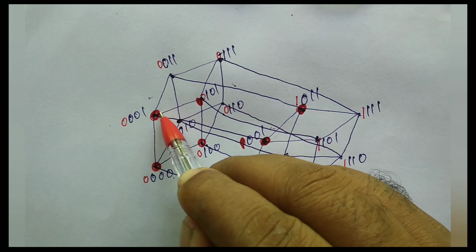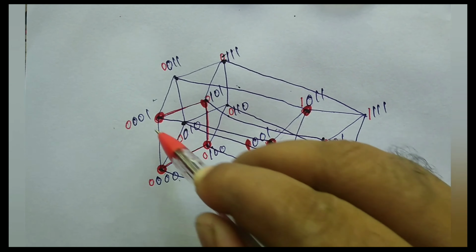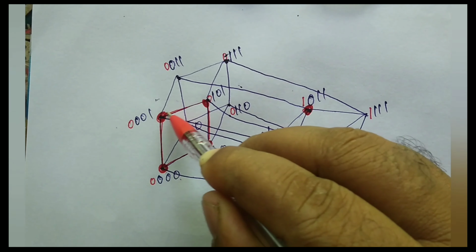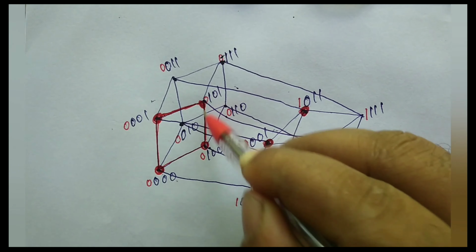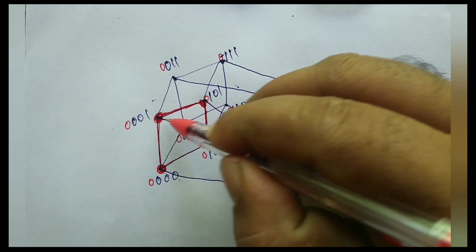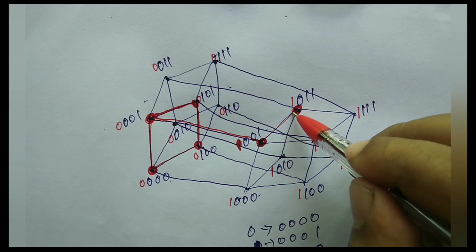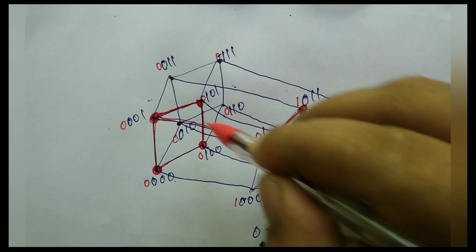So you take this square term. This is square term. And there is a link with this.